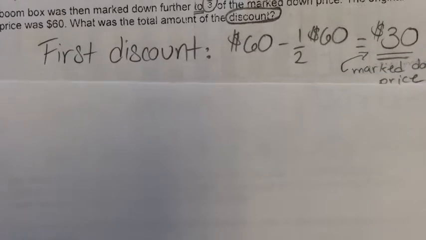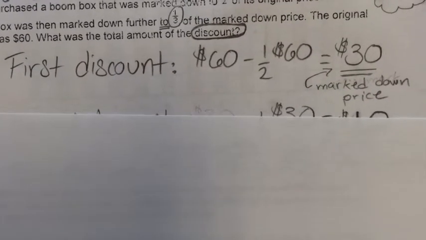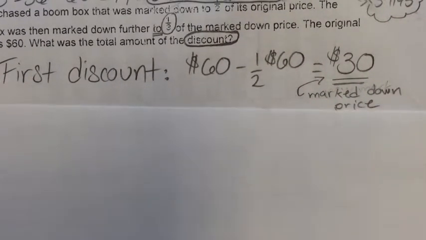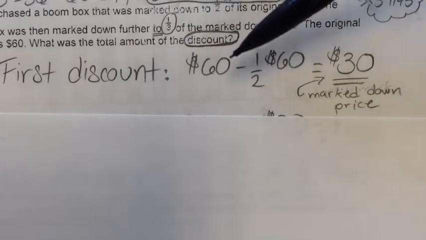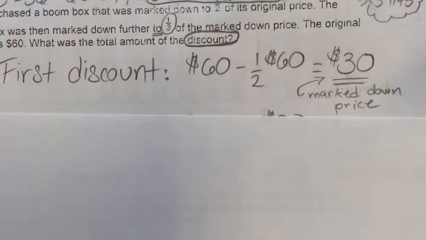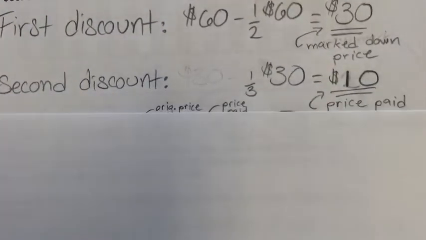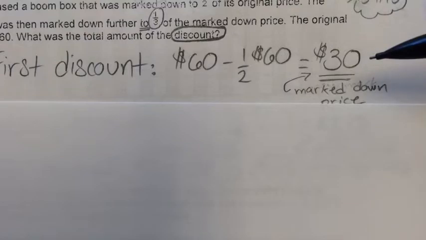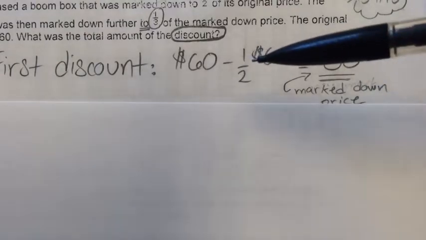The first discount was half of the original price. So $60 minus half of $60 is $30. That was easy. You could have done that in your head. You didn't really need to write it down. Now that $30, that's our marked down price because it's after the first discount.